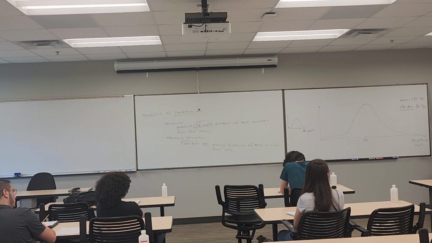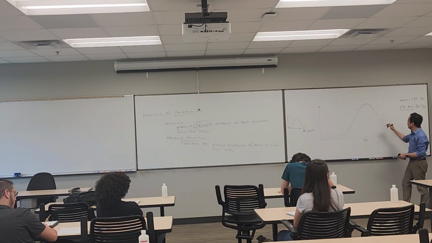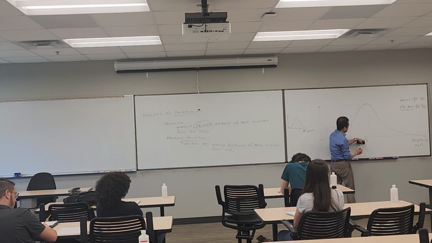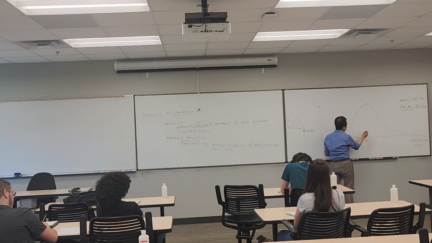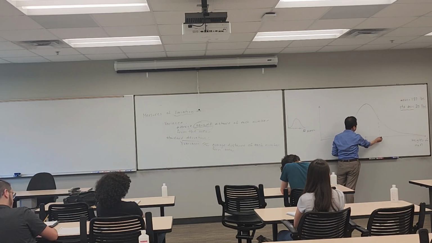Another relationship that the standard deviation has is between the percentage of the population and a fixed number of standard deviations from the mean. Let's say we start with a mean of 180, and you look at all values within one standard deviation of the mean.